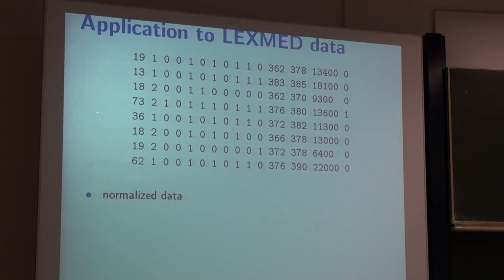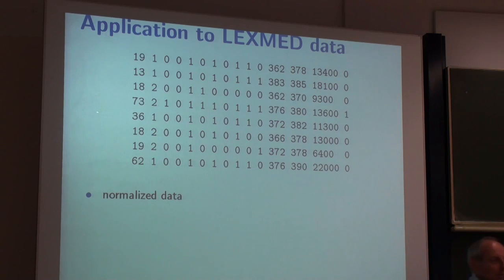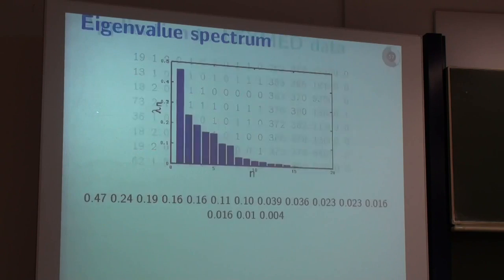The variance would be around 20, but here the variance is something like 60. So we could already know in advance that the principal component would more or less be the leukocyte value. And that's actually what happens.